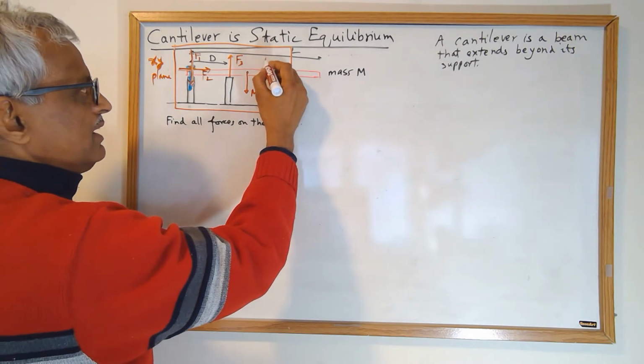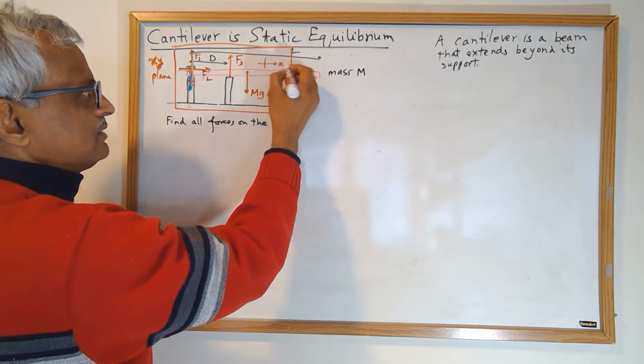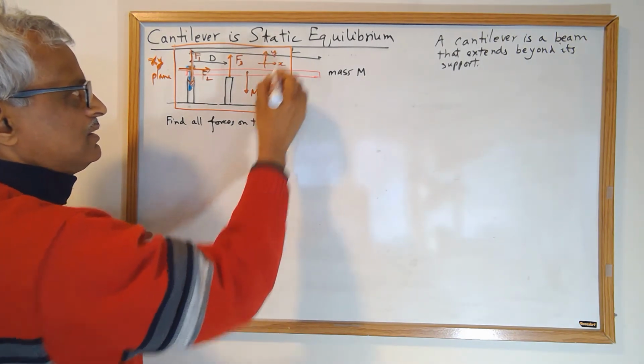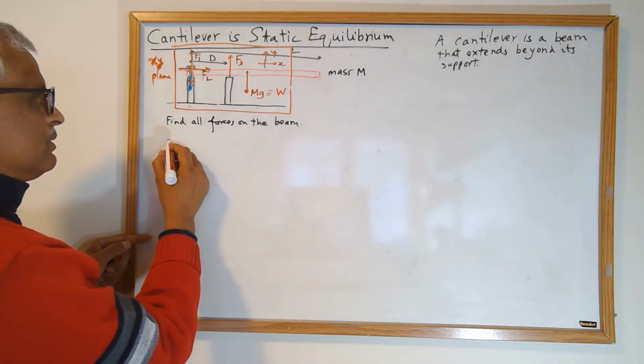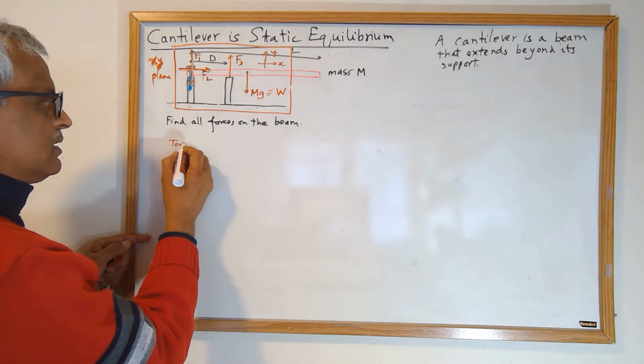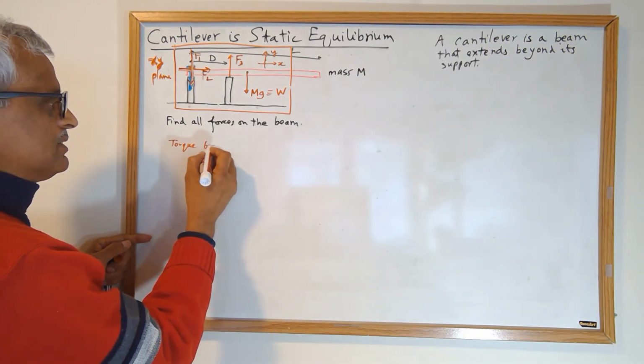So while we are at it, we can just choose this direction to be X and this direction to be Y. So we just choose that. All right, so let's see. Let's work out the torque balance equation.